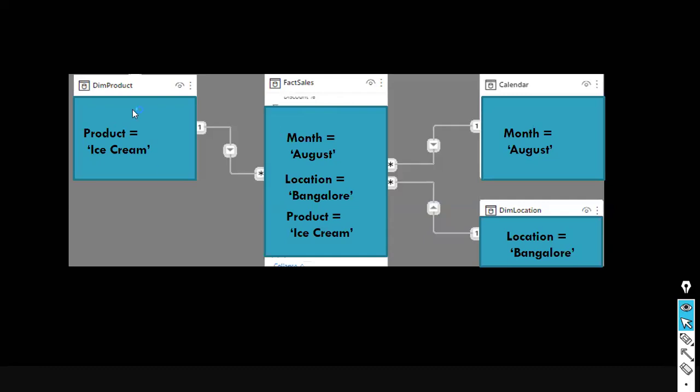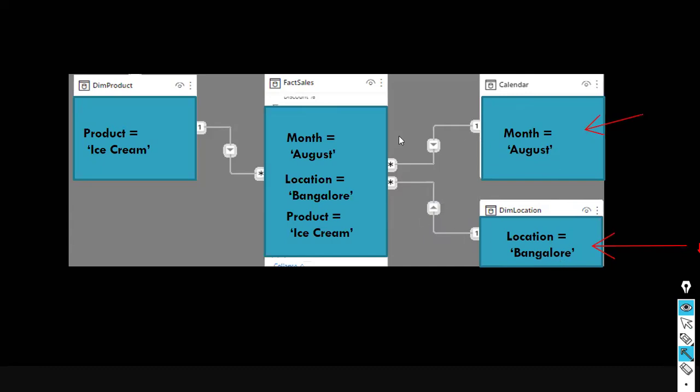Behind the scenes, you have the product dimension table, the fact sales table, the calendar table, and the location dimension. Location name equal to Bangalore is applied as a filter here, and in the calendar date table, month equal to August selects only August.